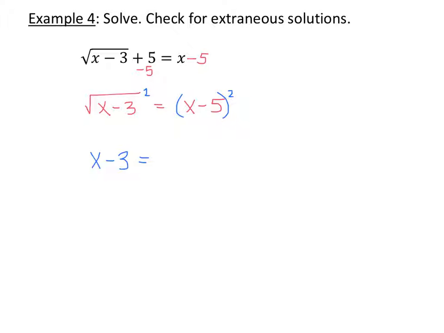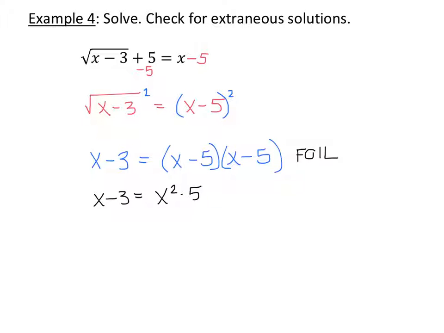Right side, we got some work to do because we need to FOIL that, because x minus 5 times x minus 5. Remember, you cannot distribute an exponent into a binomial, which so many people want to do. All right, so when you FOIL here, we get x minus 3 equals, let's see, what do we get? x squared minus 5x, which makes negative 10x plus 25.